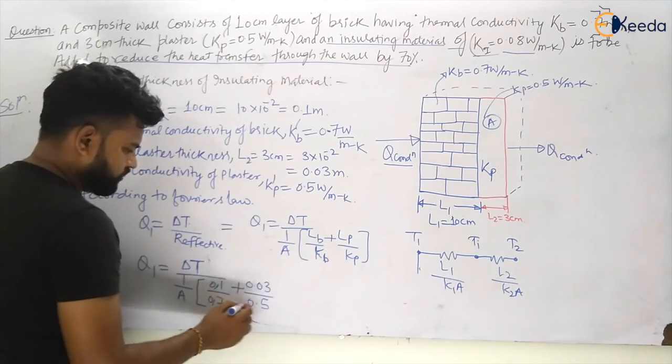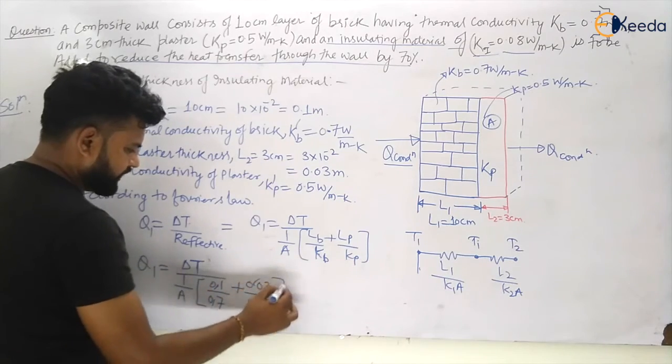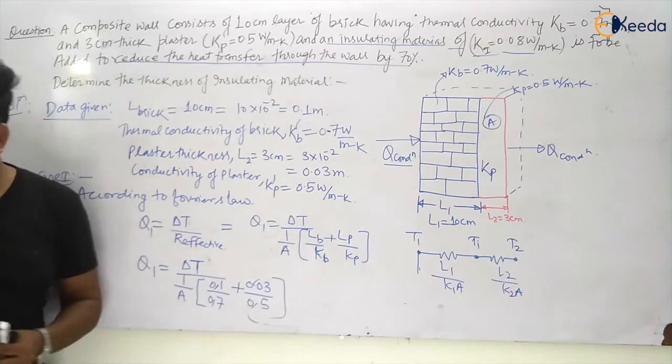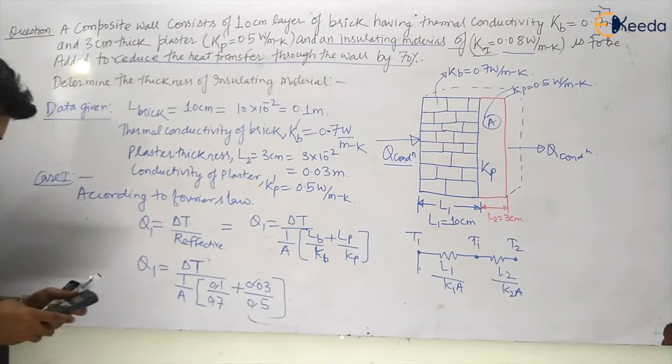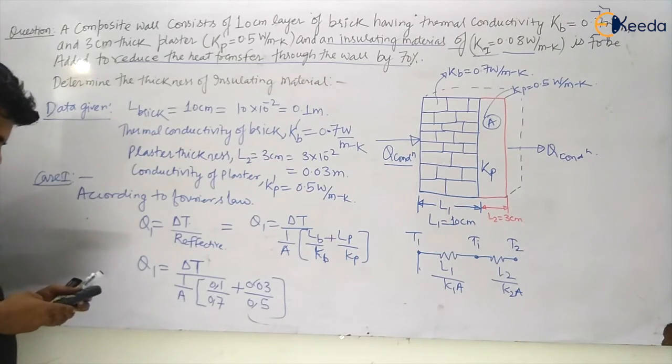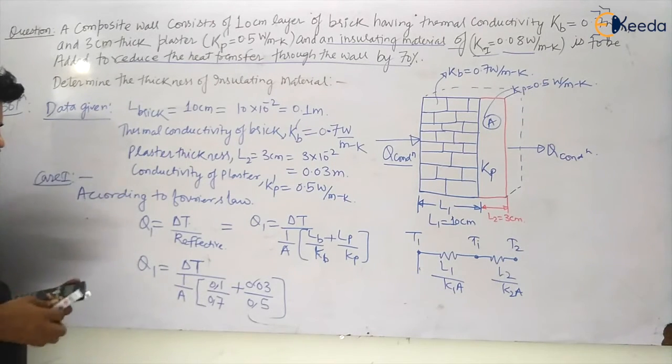So this and this will go, this and this will go. So the remaining term will be how much, students? It will be 1 divided by 7 plus 0.3 divided by 5. So this will be 0.2028.